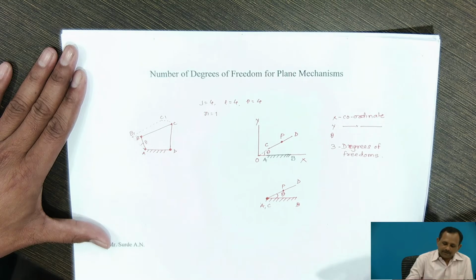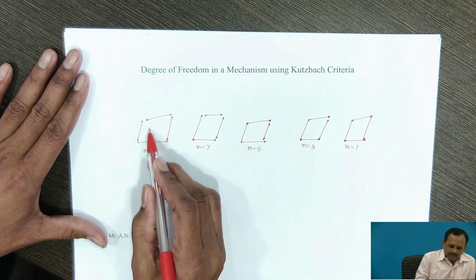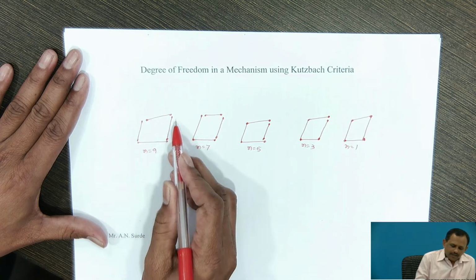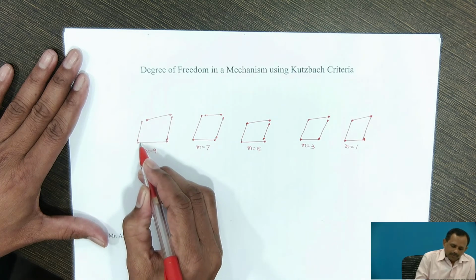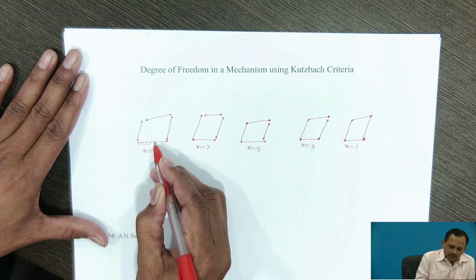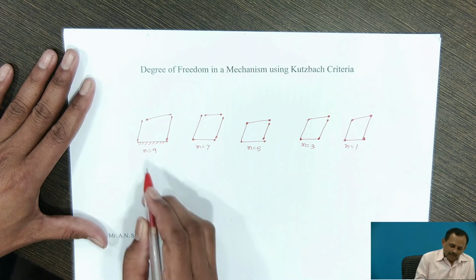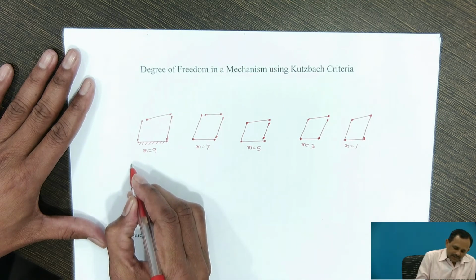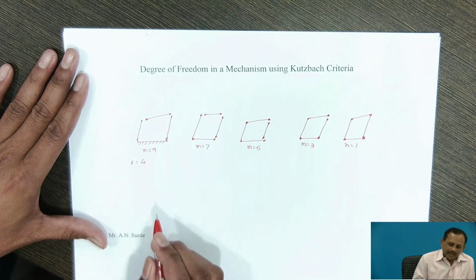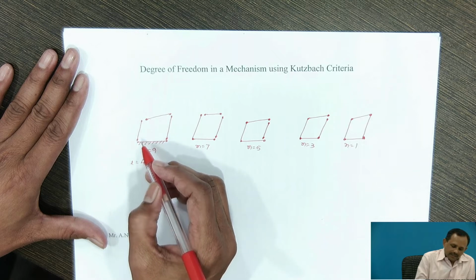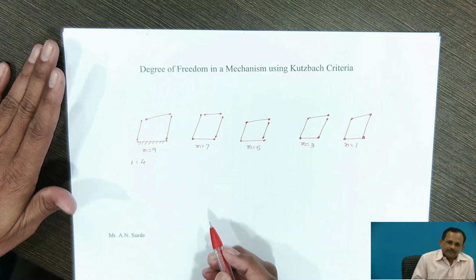Now we will consider one example. The number of links is 4. In order to form a mechanism, we have to keep one of the links fixed. So there are 4 links, and one of the links is kept fixed. Now, the 4 links are not connected with each other, so before the links get connected to other links, each link will have 3 degrees of freedom.